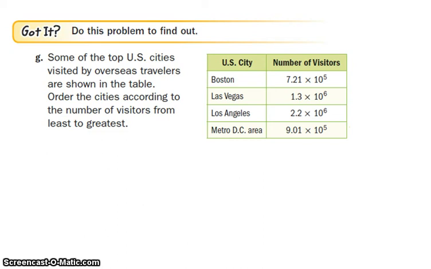Okay, so if we're looking for our smallest cities, we're going to look at our exponents with 5s, because they're smaller exponents. So now all we have to do is compare 7.21 and 9.01. Well, 7.21 is smaller, so Boston's going to be our first city. Okay.